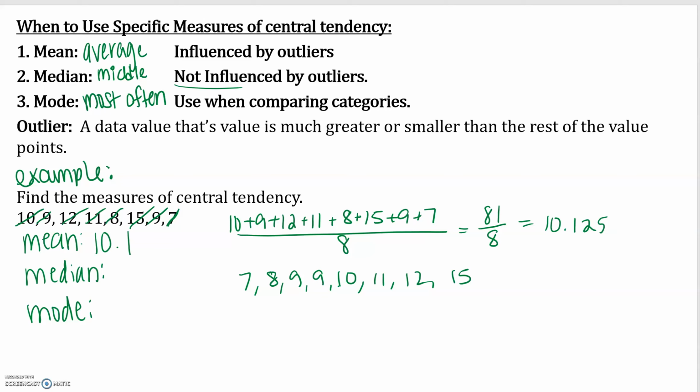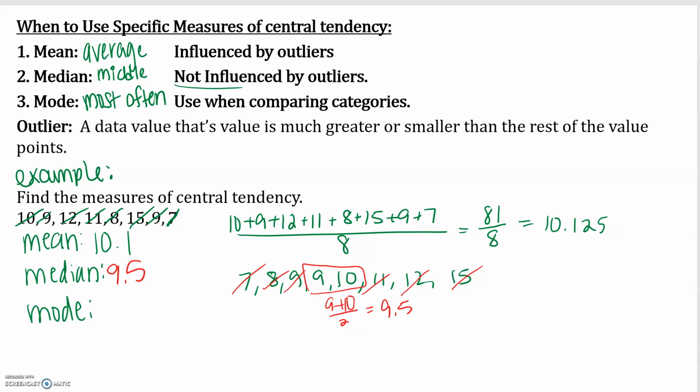Okay, so I'm going to find the middle of these numbers, so I'm going to start marking them off. And I notice that since I have an even number, which we had 8, I'm going to have something in the middle here, so I'm going to add those two together, divide by 2, and I'm going to end up with 9.5 as my median.